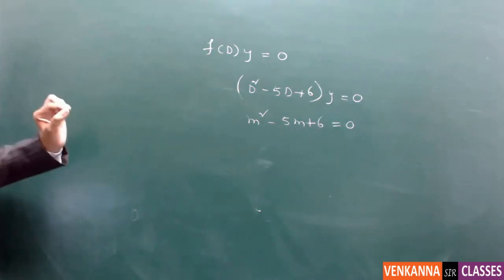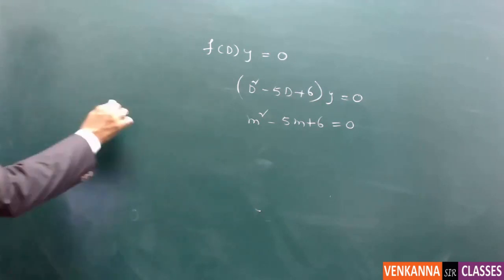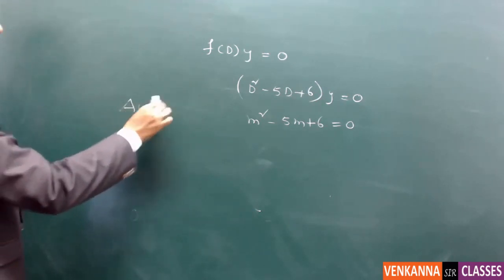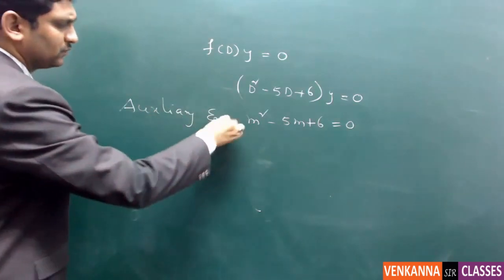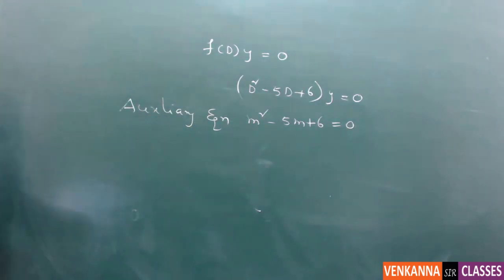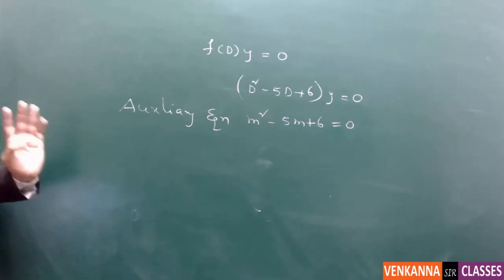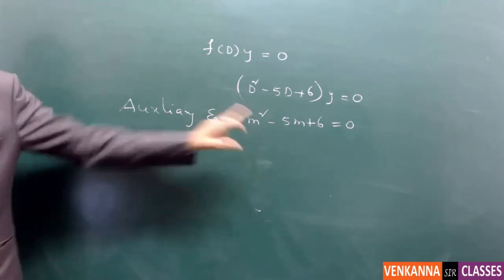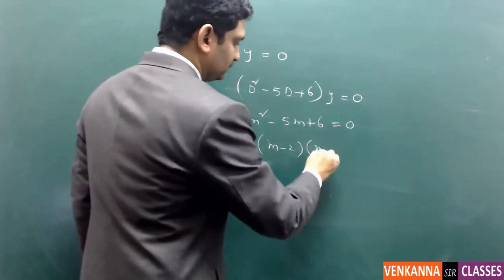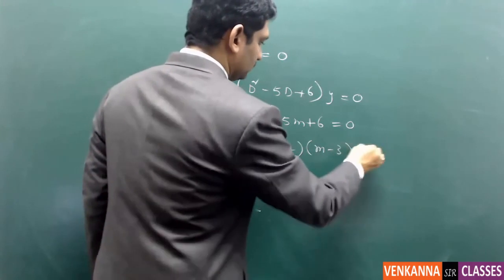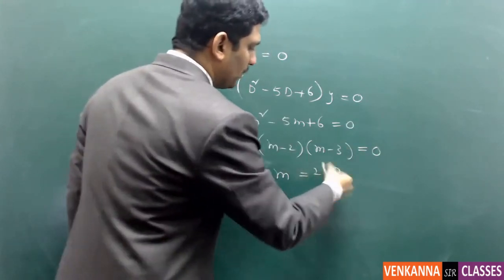The algebraic equation we are writing, we call it the auxiliary equation, and some others call it the algebraic equation, whatever the terminology is. Now we are going to find its roots. The roots are m equal to 2, 3.